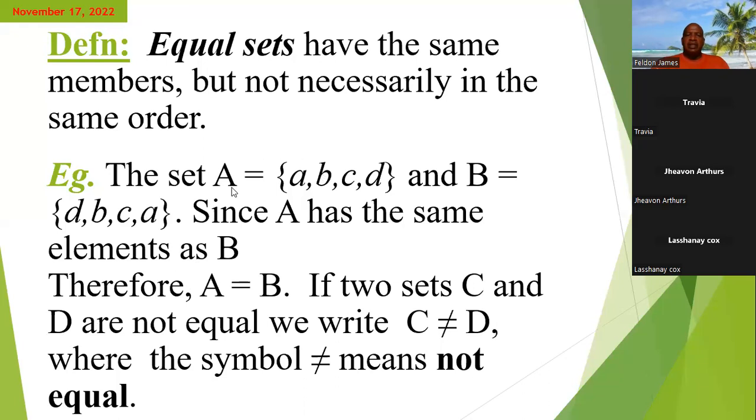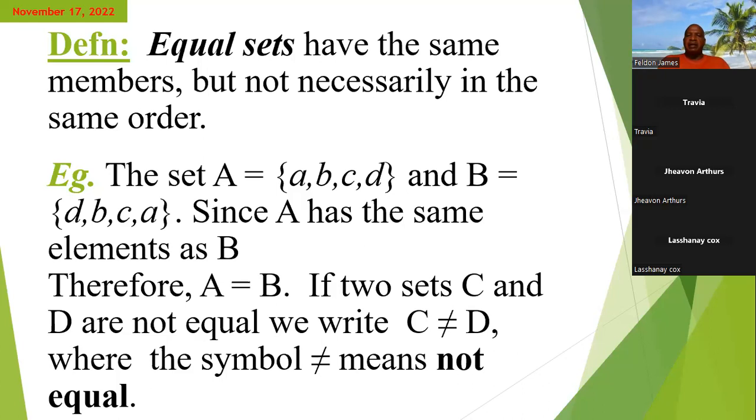Most importantly, they have the same amount of members, because two sets can have the same members but one can have an additional member, and in that case they would not be equal. For two sets to be equal, the number of elements in both sets has to be the same and the members have to be the same.